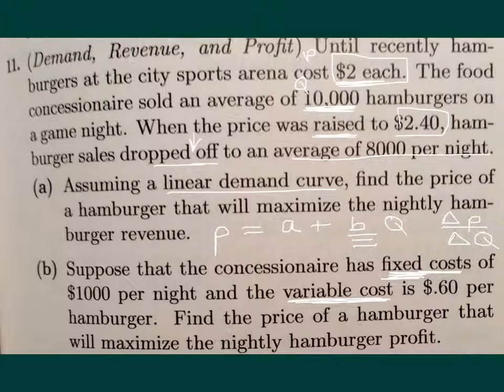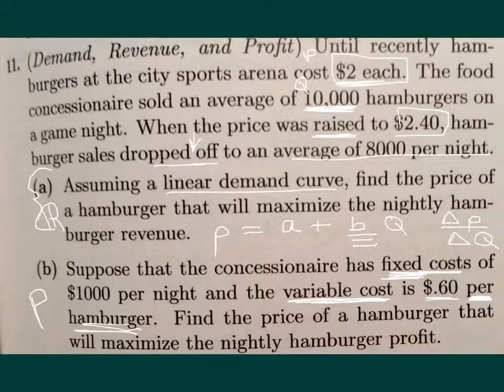So your costs consist of two things, fixed costs and then variable costs, which are multiplied by each hamburger. In the first situation, we're going to maximize revenue, and in the second situation, we want to maximize profit, and that's going to be profit with a big P.